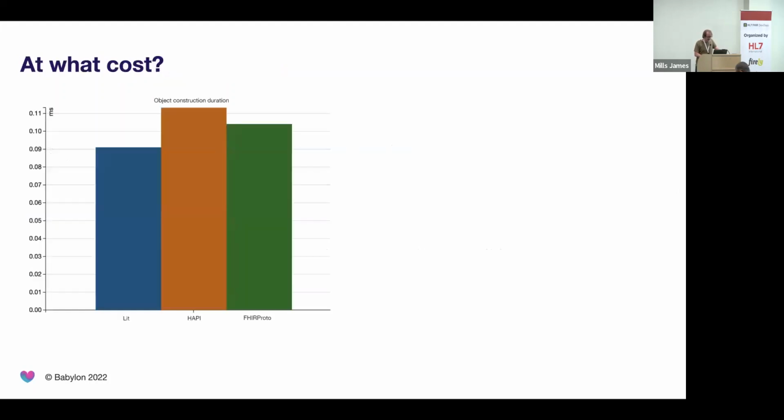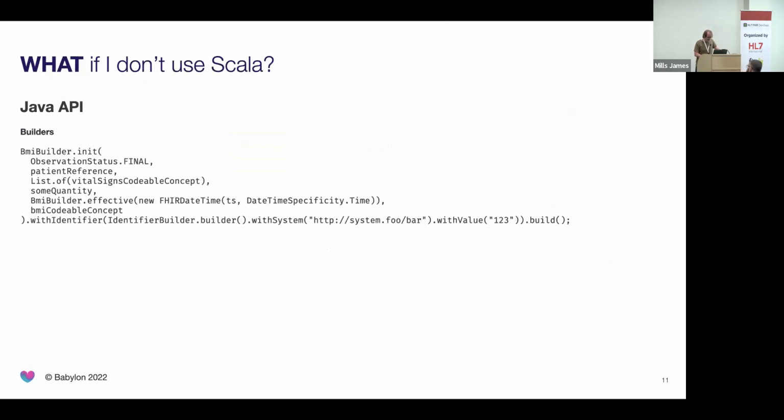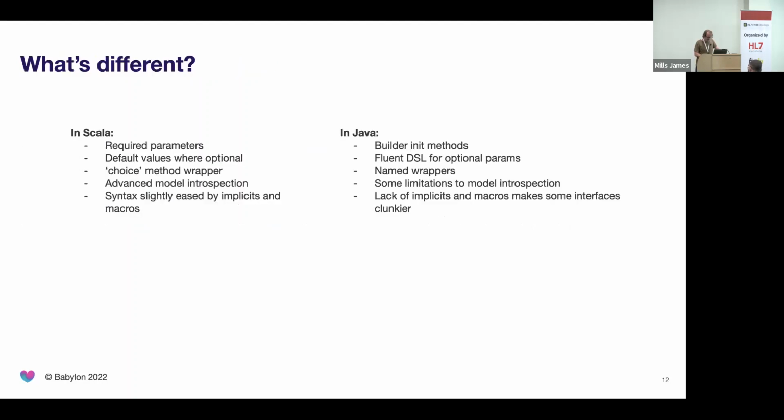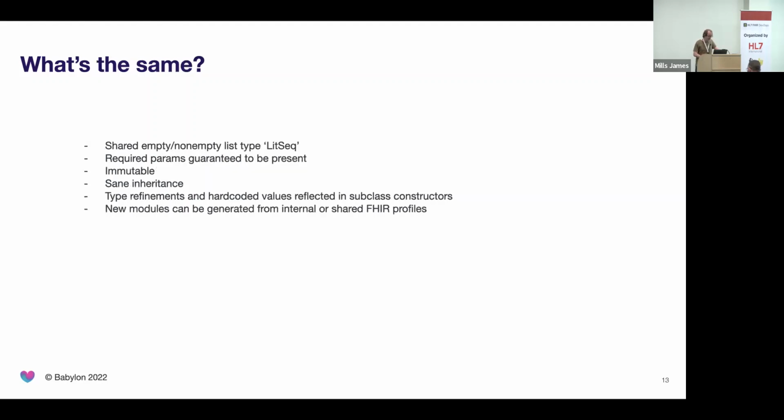So you miss out on some of the things you can do with that. And the lack of implicits and macros just generally makes things slightly clunkier. Most of the things that we do in practice with this library can be done just as easily in either language, but there are just a few little things that don't quite work.